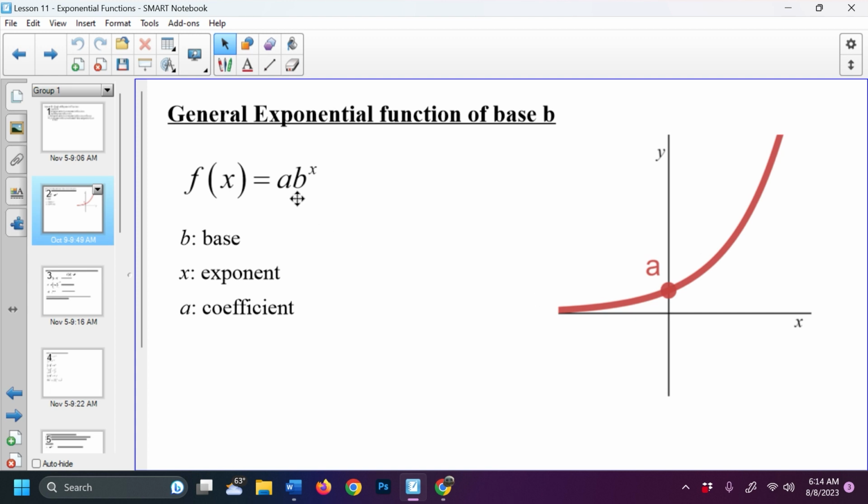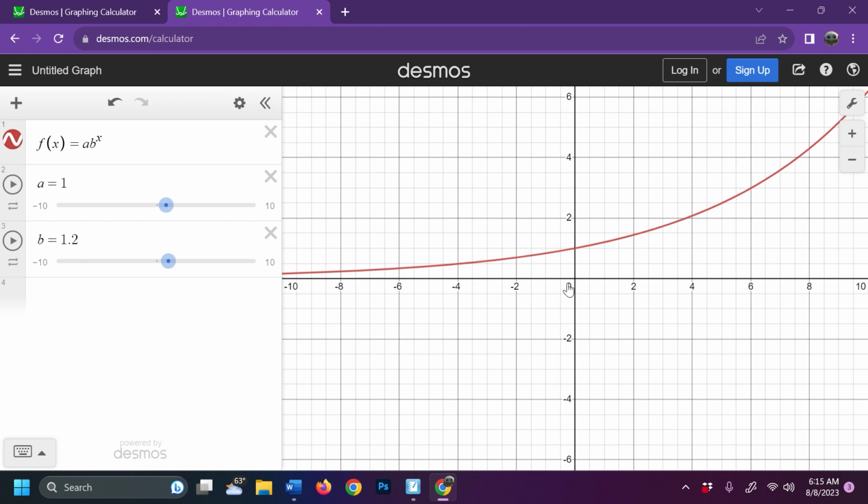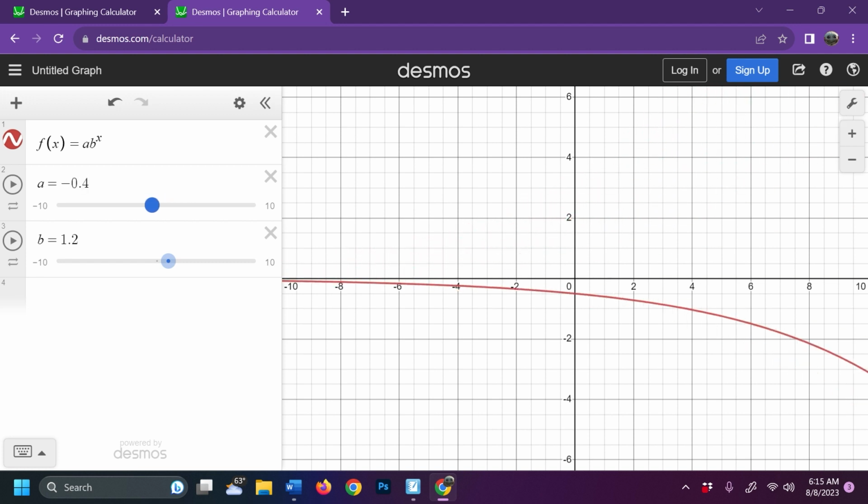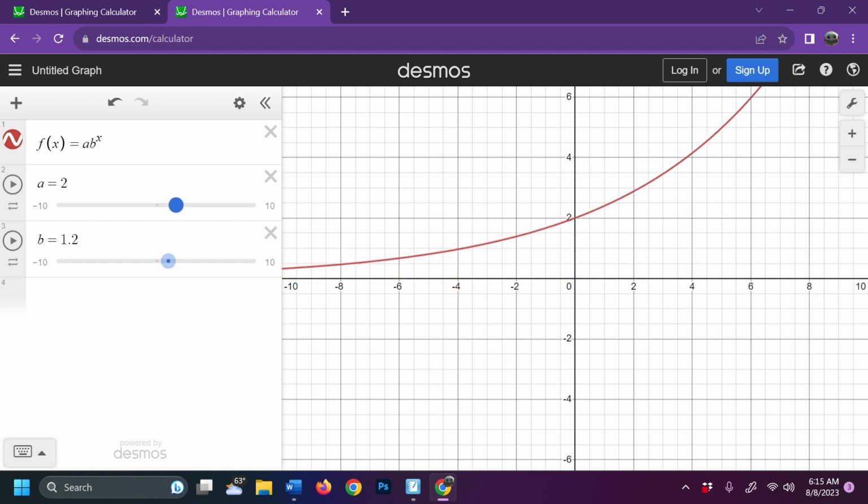The bigger that b is, the more pronounced the curve is. The closer to 1 that b is, the more gradual that shape is. And we can see that real quick with a real quick Desmos demonstration. So here we have f of x equals ab to the x, and I have a slider for a and b. If you change a, it changes the y-intercept, and you can see that it corresponds.